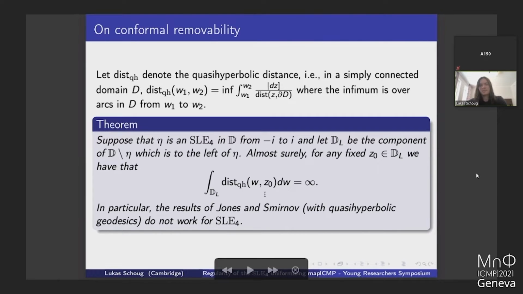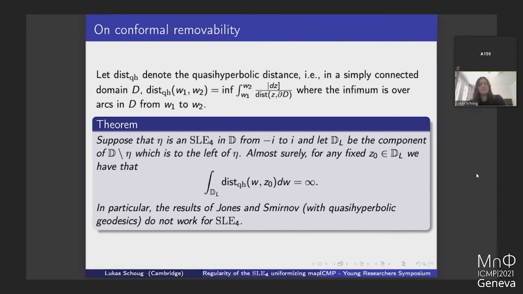Okay, so basically this just says here that the quasi-hyperbolic distance, when you integrate over the domain with respect to a fixed point here, will be infinite. And this contradicts all of the results in the Jones-Smirnov paper as soon as you choose the quasi-hyperbolic geodesics, which are the easiest geodesics to work with there.